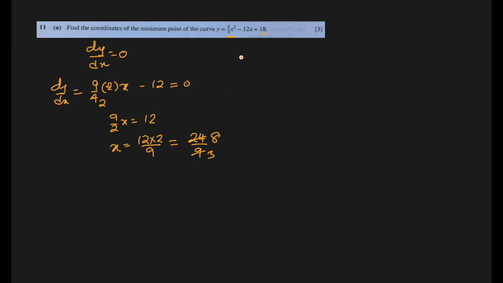And now we have to find the y coordinate. Let's put it here. 9 over 4, y is equal to 8 over 3 square minus 12, 8 over 3 plus 18. 3 square is 9, so this 9 and this 9 cancel. 8 square is 64, divided by 4, 16.